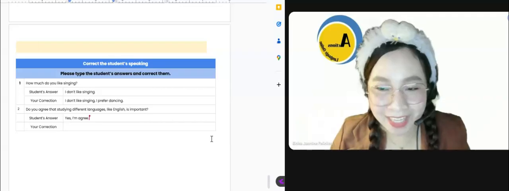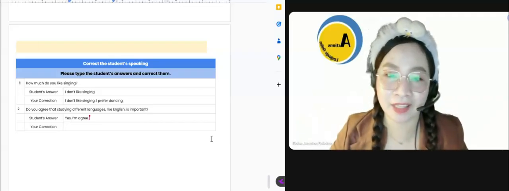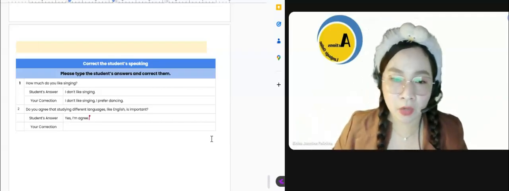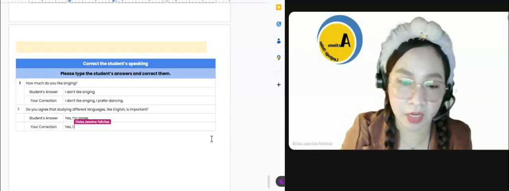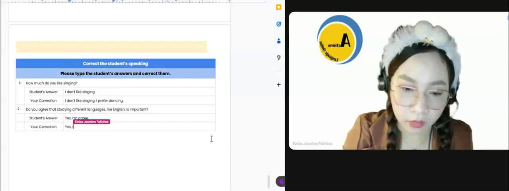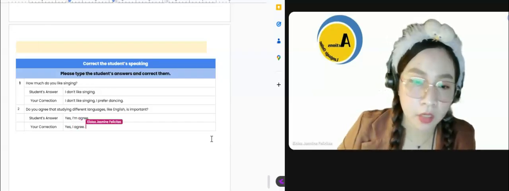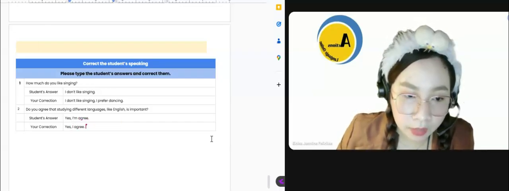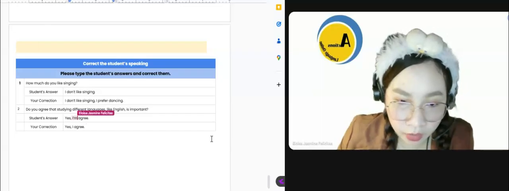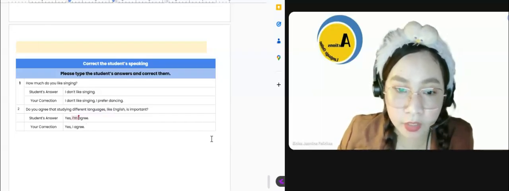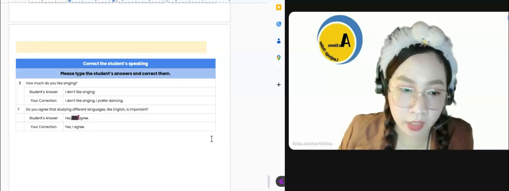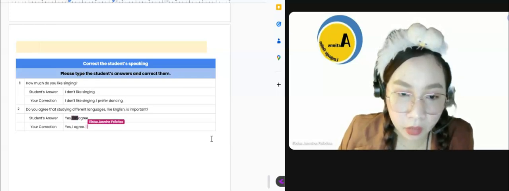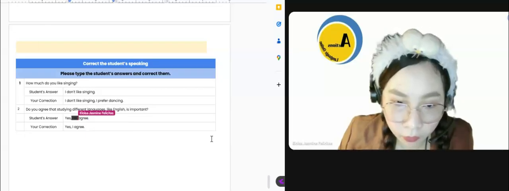So Jenny, your sentence is almost correct except for this one. It should be yes, I agree. Let me highlight this one in red because it should only be I agree, okay?